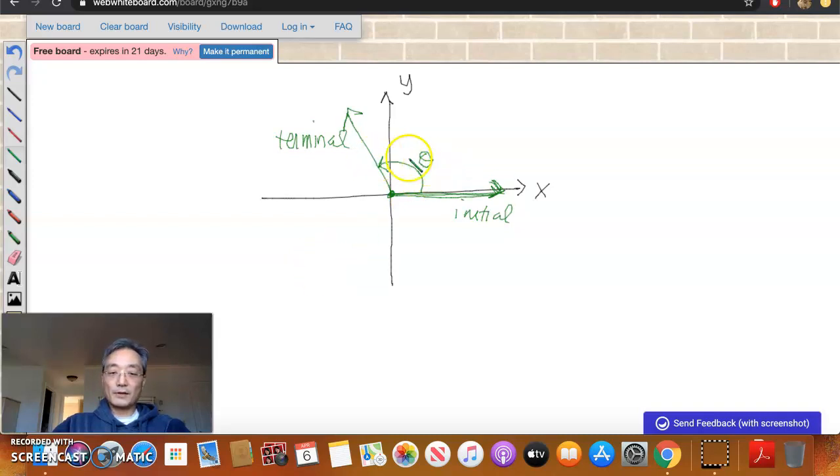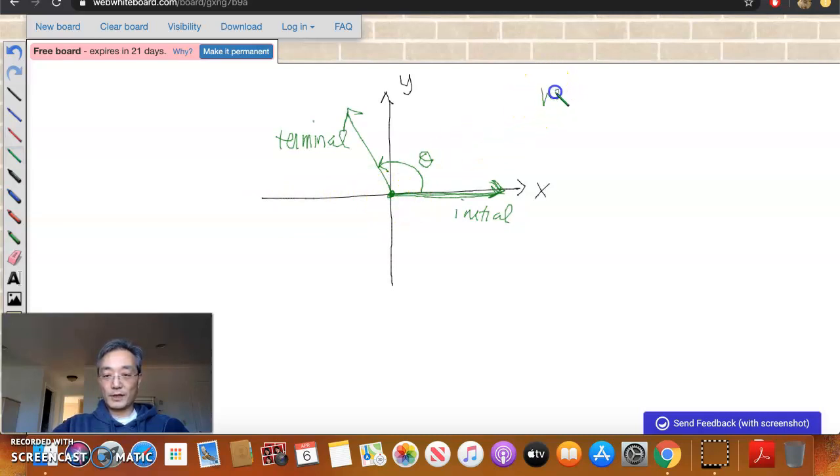However, this angle theta, as you can see, is an obtuse angle. It's an angle that's greater than 90 degrees. So then what would be considered our reference angle? Well, the reference angle is always formed by the x-axis and the terminal side. And by the way, it's always an acute angle, so I should have mentioned that.